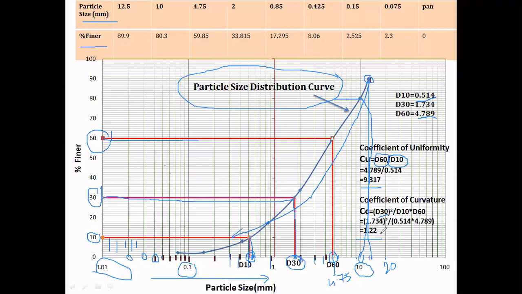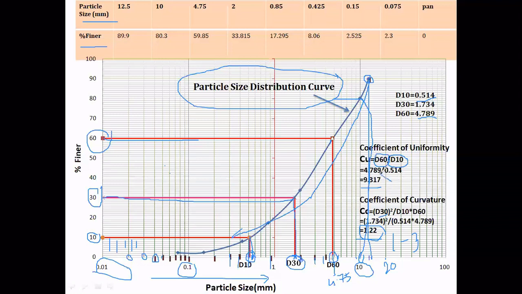Now it is having a particular range because we have to classify the soil. The value of Cc is in between 1 to 3. It represents the soil is uniform. Soil is uniform, that means the soil contains different sizes in good proportion. Okay, so your value must be in between 1 to 3. So it is okay that it is a uniformly graded soil.